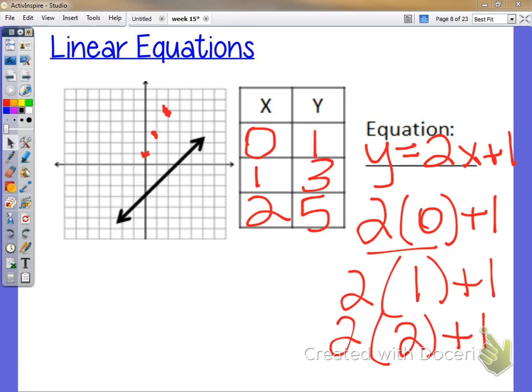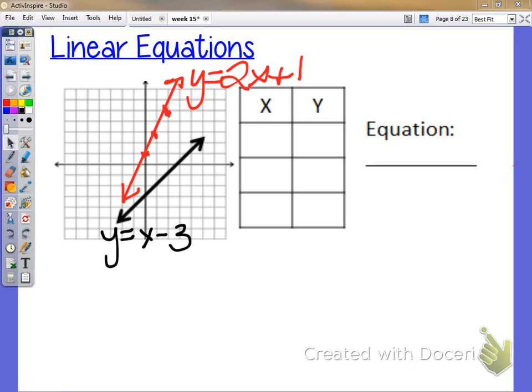If I wanted a line, couldn't I just connect those with a line? Yeah. Watch this. Perfect. So this line right here, and we always add the little arrows to the end to show it's a line, is y equals 2x plus 1.